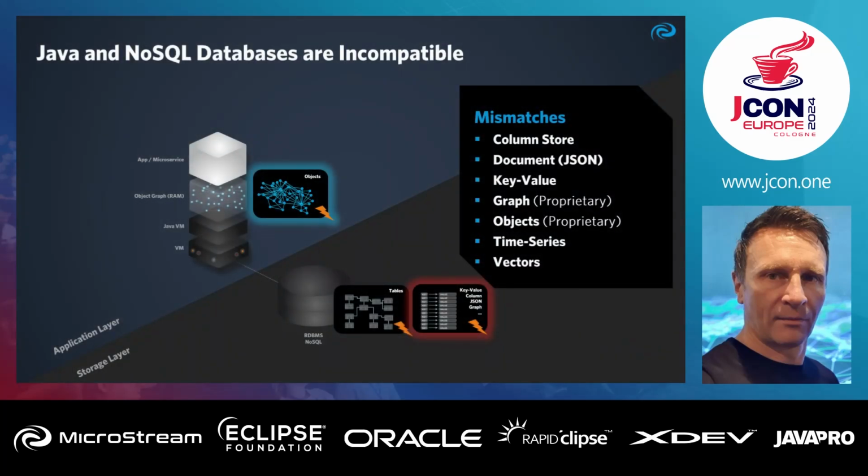Then we have the NoSQL databases. Who of you uses relational databases, by the way? Okay, and NoSQL? Okay. NoSQL is super interesting, because obviously relational databases are great, but not great for all use cases.